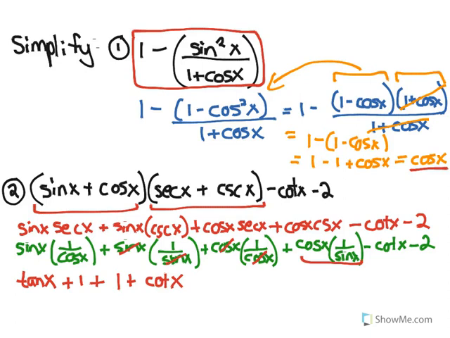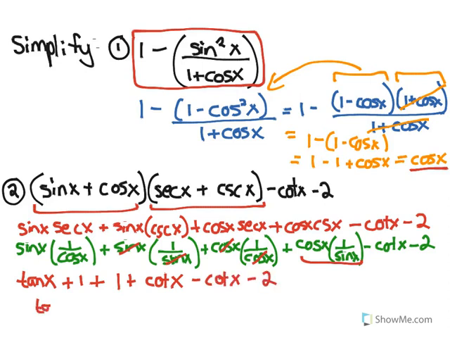It's important to think of cotangent x as not only 1 over tan, but as the reciprocal of what tan stands for, which is sine over cos. So we think of cotangent as cos over sine. And then we have our minus cotangent x and our minus 2.